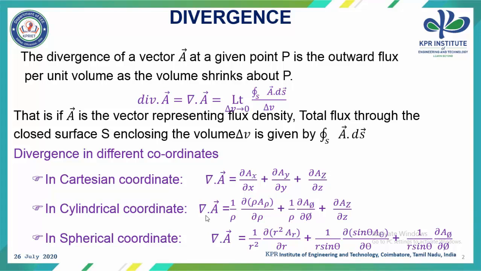In spherical coordinates, del dot A equal to 1 by r squared dou by dou r of r squared Ar plus 1 by r sin theta dou by dou theta of sin theta A theta plus 1 by r sin theta dou by dou phi of A phi.